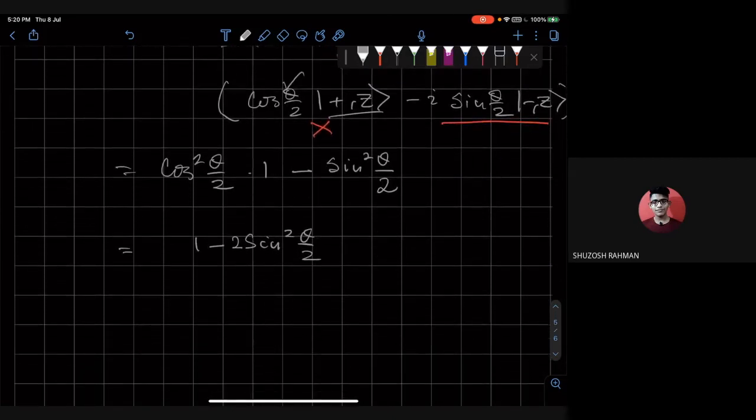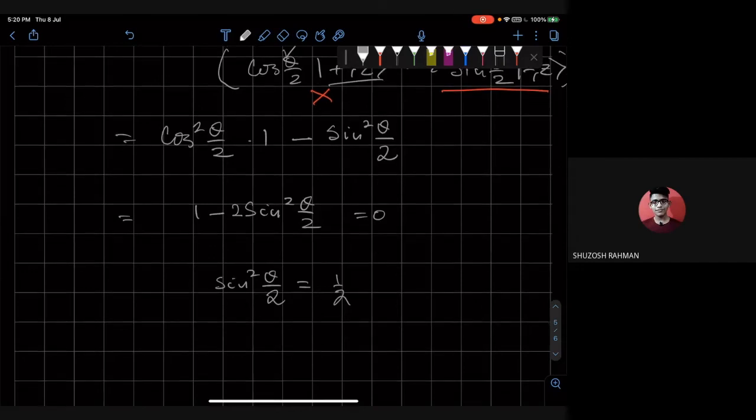Basically, what happens is that this is 0. When is this 0? When sine squared theta by 2 is half, right? So when this is half, what is theta going to be?